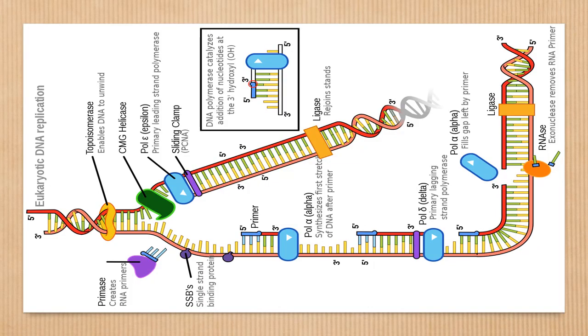Once the two strands are separated, it appears like a Y shape. If the strands are drawn like this, it is unwound strand 1 and another strand, then it appears like a Y letter. So this one is called the replication fork.